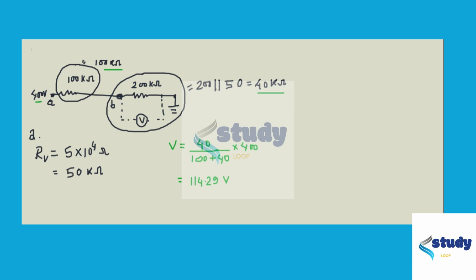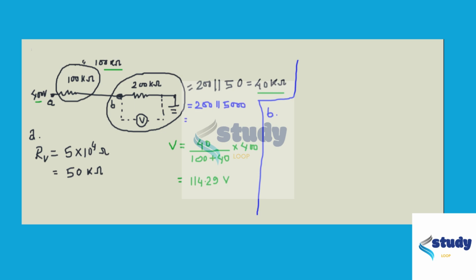Now let's move on to part B. If I make it in a different color, then that will be easier for you to understand. Now part B says the voltmeter has a resistance of 5 into 10 to the power 6 ohms. So for part B, the resistance would be 200 parallel, how much? Now it is 5 into 10 to the power 6, so that is 5000 kilo ohms, right?